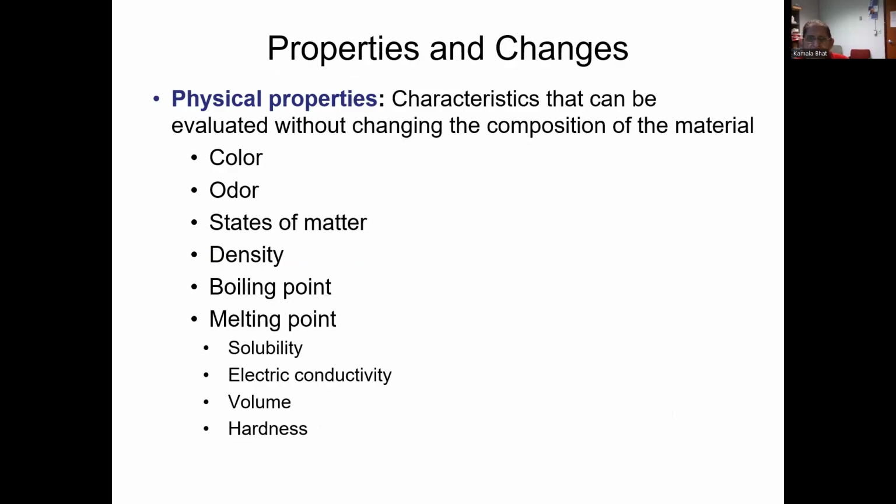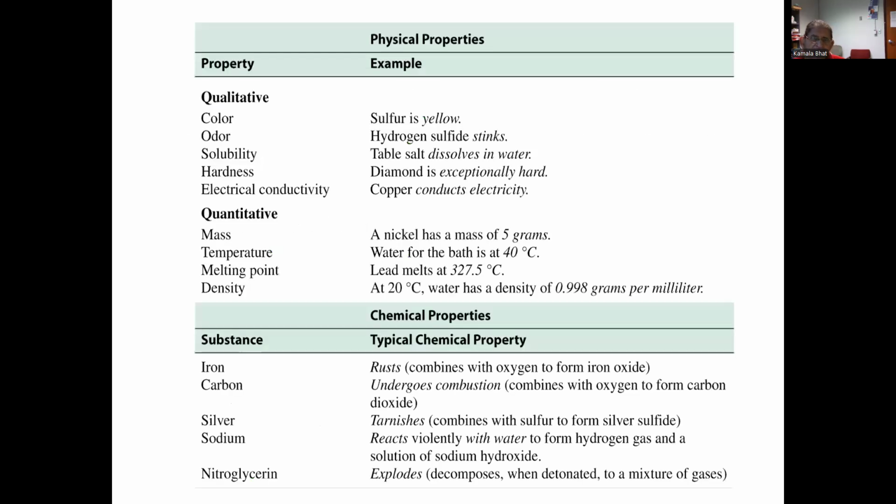Physical properties can be evaluated or described without changing the composition of the material. The physical properties include color, odor, states of matter, density, boiling point, melting point, solubility, electric conductivity, volume, and hardness.